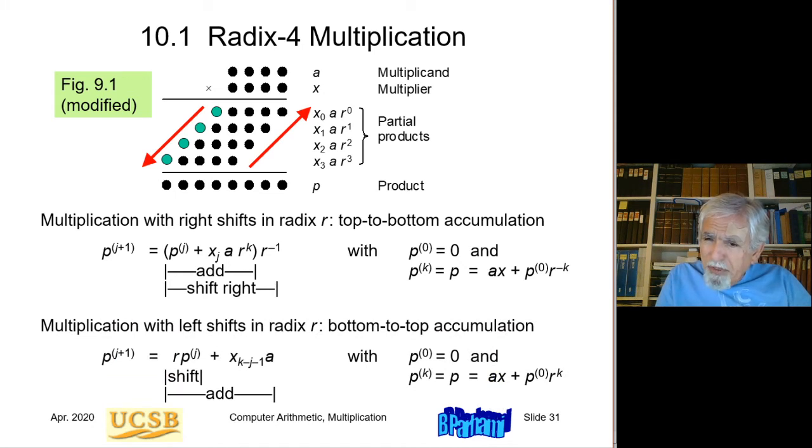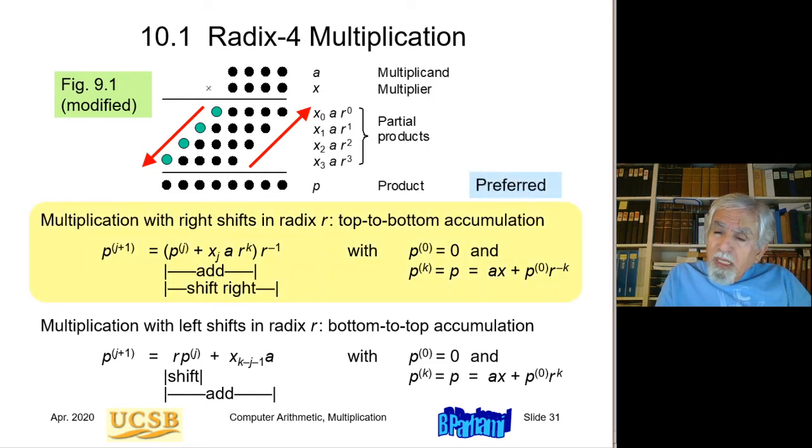Again, the left shift in radix 2 was multiplication by 2. Left shift in radix R is multiplication by R. Everything else is similar. Again, for the same reasons that we had for radix 2, multiplication with right shift is preferred.